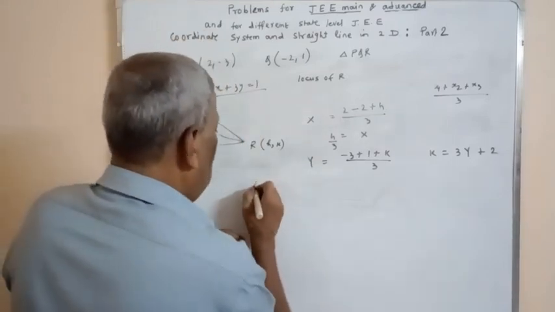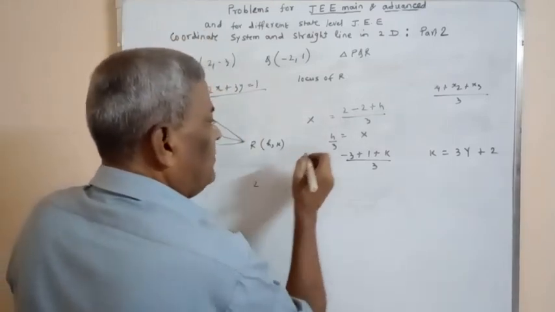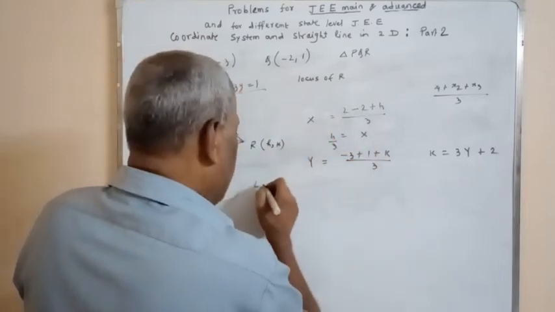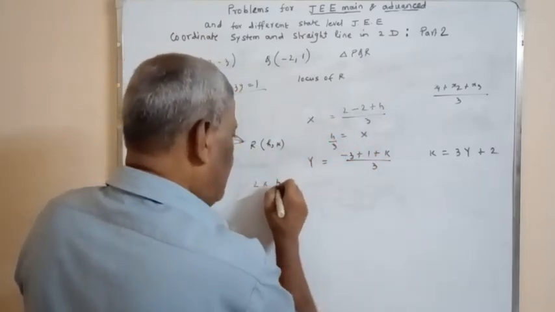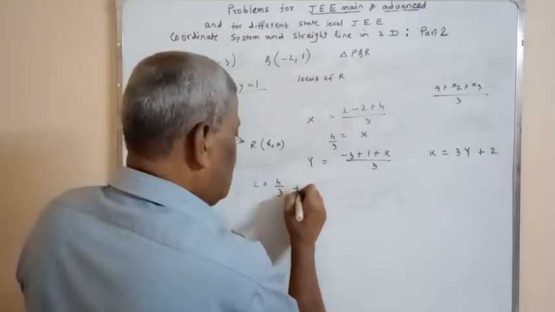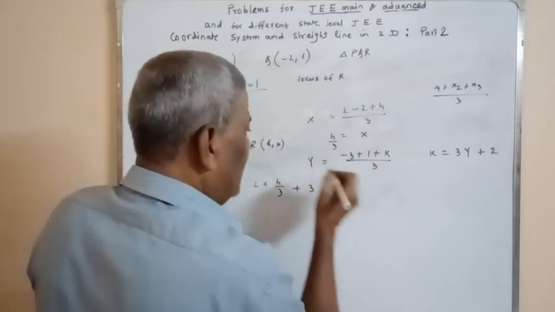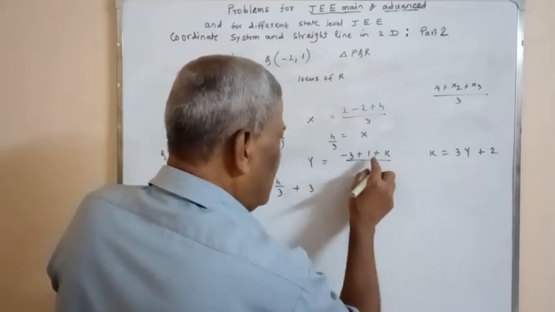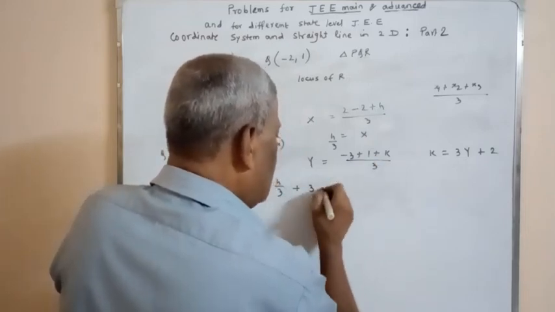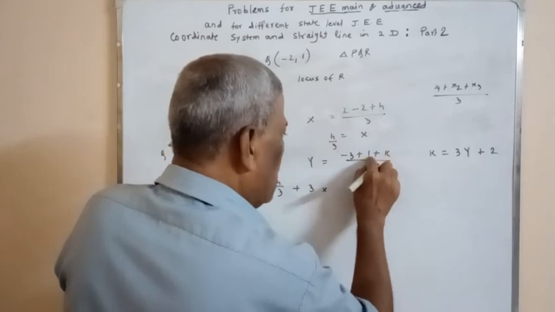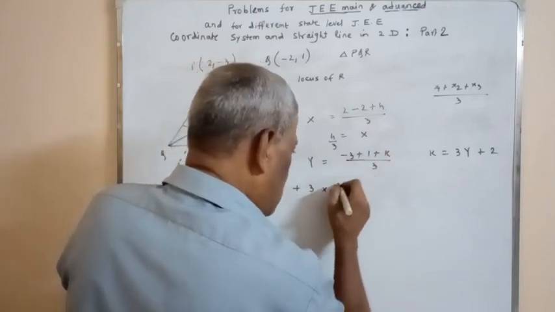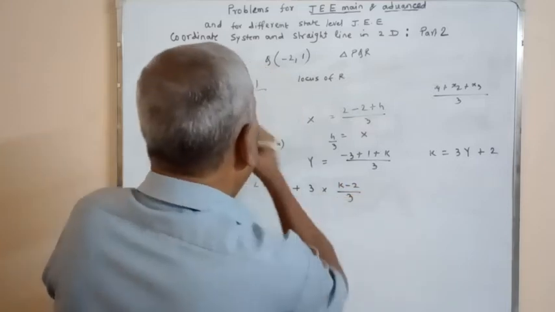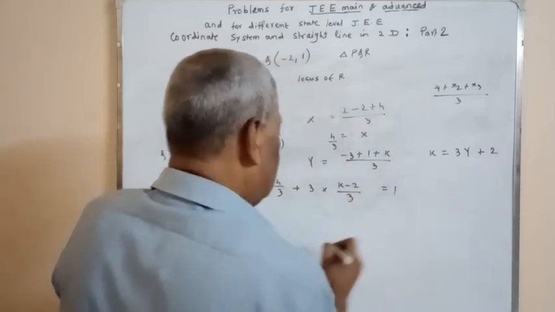That is, 2 into capital X, that is h by 3, plus 3 into capital Y, that is (k minus 2) by 3, must be equal to 1.